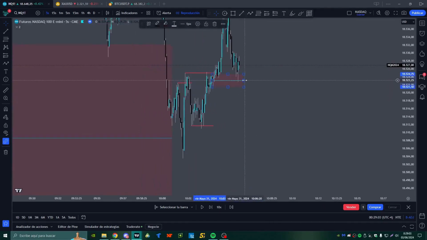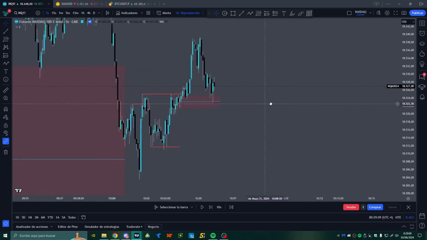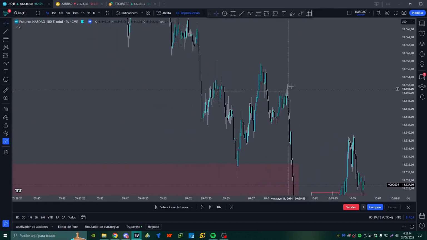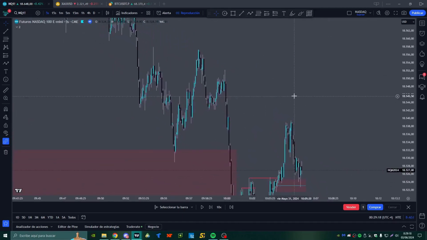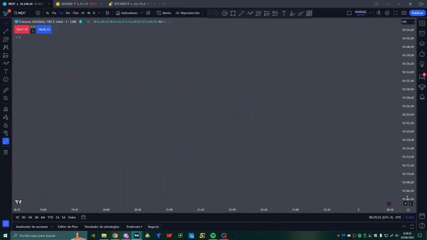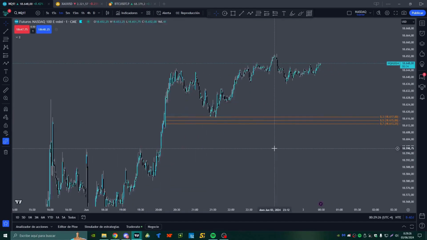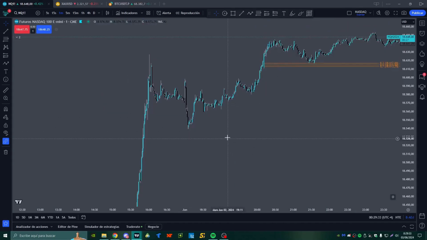In fact, I had something left from what I was marking that day. And look at this again. So, it is a system that has helped me a lot for different things, like having a calmer operation. What was happening to me with ICT? Despite having good results, I was not at peace, because I follow New York hours.